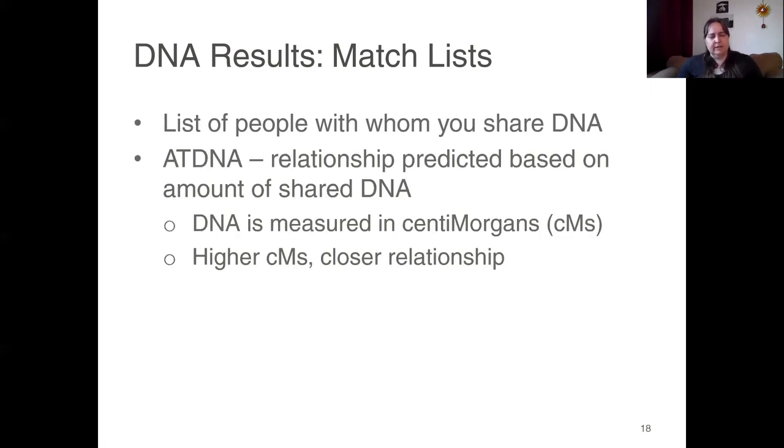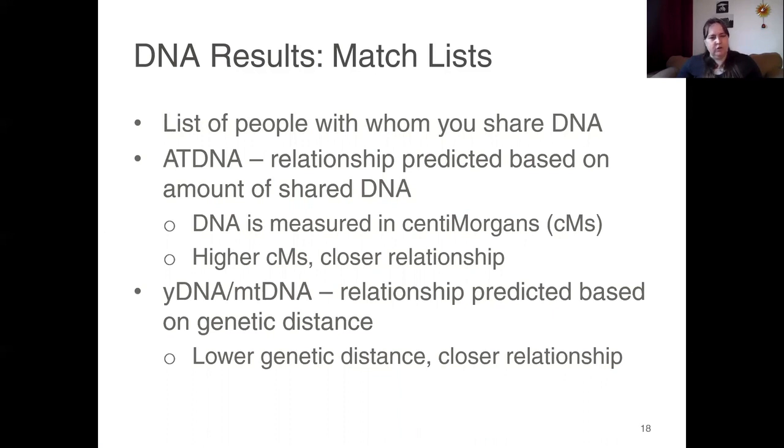The people on the list are determined differently whether you're looking at an autosomal DNA match list or a Y or mitochondrial DNA match list. On an autosomal DNA match list, people are listed based on the amount of DNA that they share in common. Remember that autosomal DNA is measured in centimorgans, and the more centimorgans you share in common, the closer the relationship.